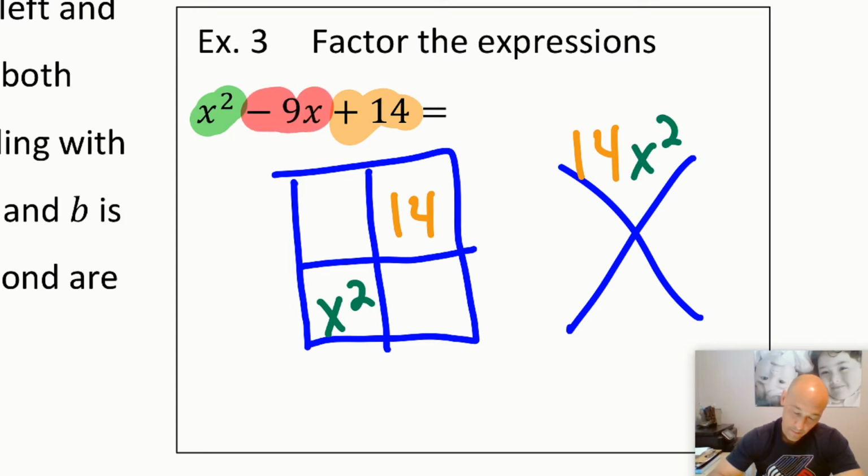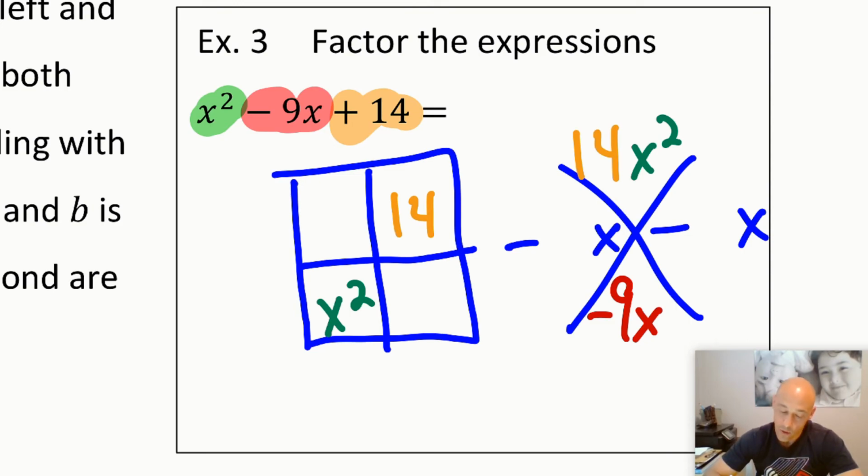The x term goes in the bottom of the diamond. And now this is positive and this is negative. That means that these have to both be negative. That's the only way it works. Negative something x times negative something x.